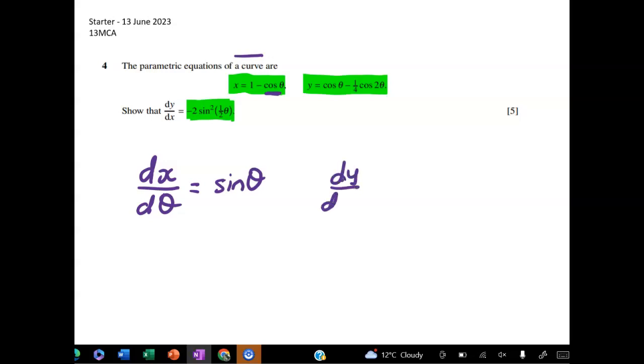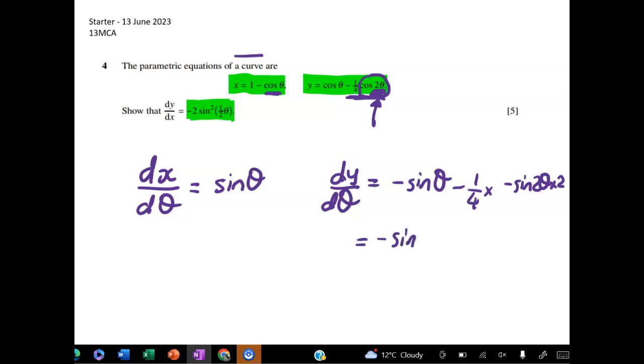Next, dy by d theta is equal to negative sine theta, and then doing the chain rule on this one here, we're going to have minus 1/4 times the derivative of cos of 2 theta, which is negative sine of 2 theta, but now I need to times by 2 because the inside function is 2 theta. So that's what I get there.